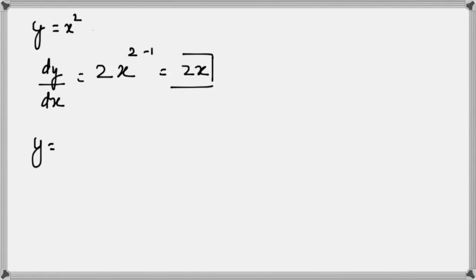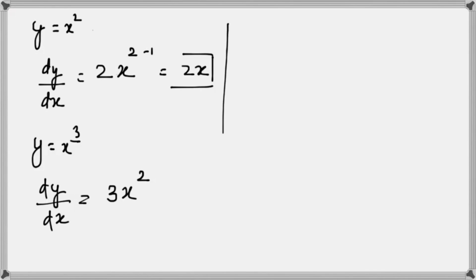If y equal to x cubed, dy by dx equal to the power 3 multiplied by x, and then reduce the power by 1, so the answer is 3x squared.